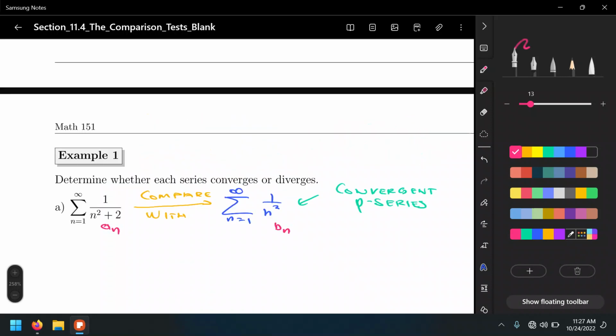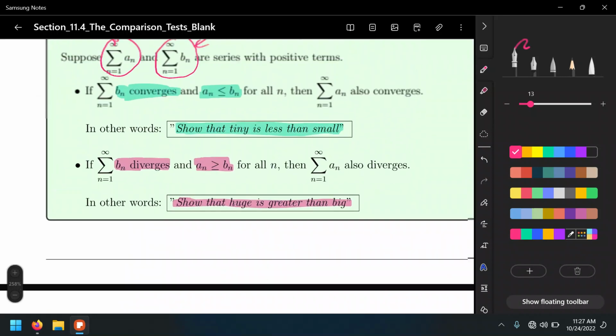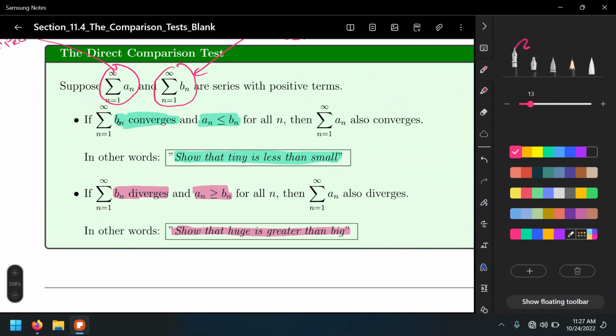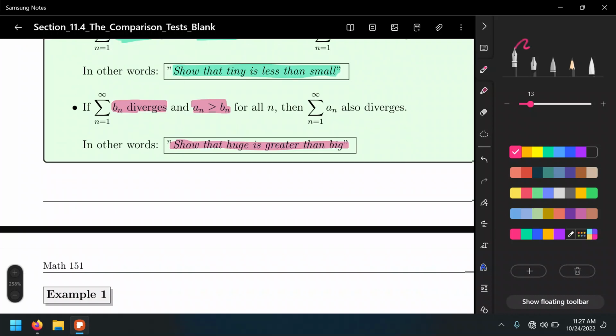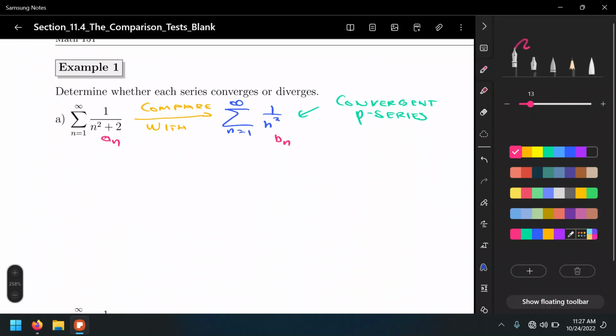Now, let's go back to the definition box. When we come up with something that converges, we need to show this inequality. In other words, the mystery series is less than or equal to the test series. In other words, to show that tiny is less than small. Let's see if it's true for this case.